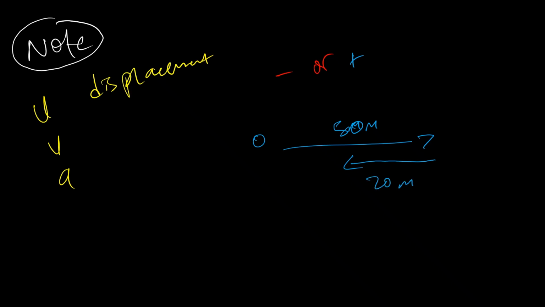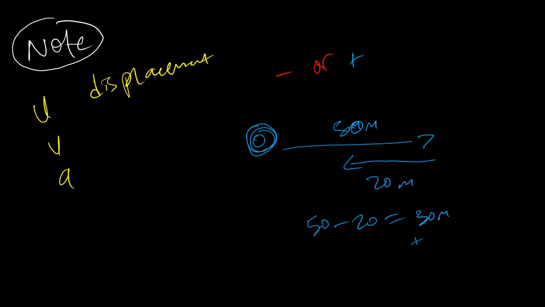The displacement here will be 50 minus 20, which is 30 meters. As you can see, in this case the value of displacement is positive. It is above the starting point.